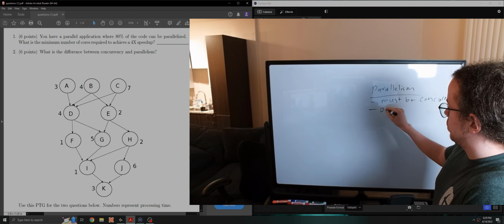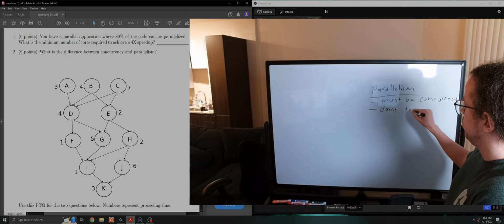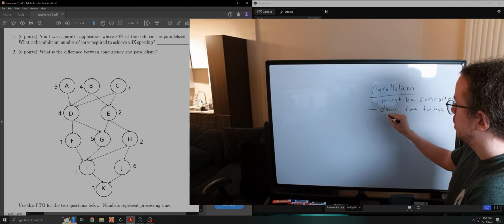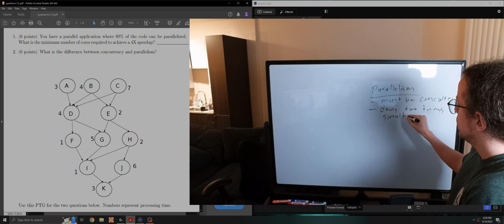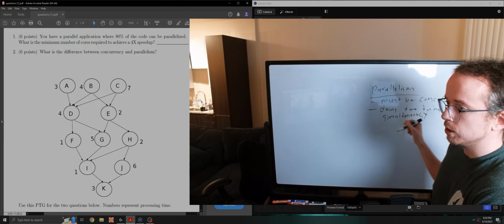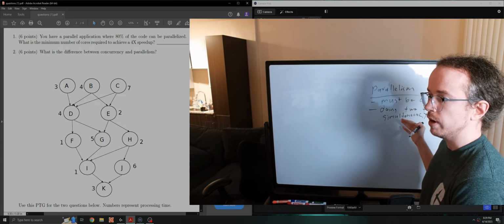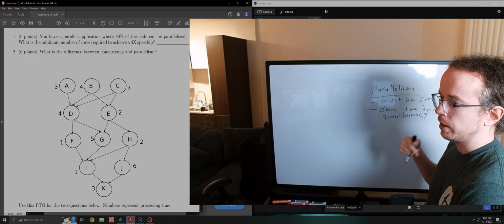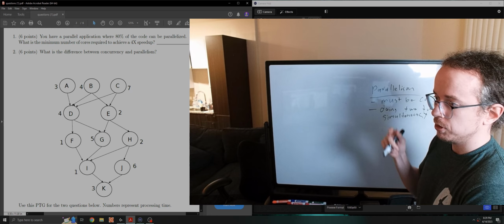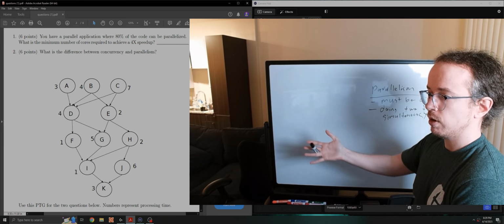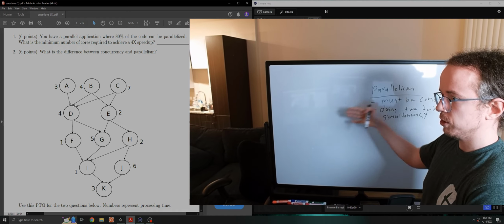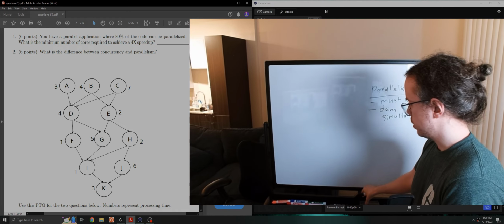The second is this is literally doing two things or more simultaneously. And if you have the property of parallelism, you're assuming this is correct. You're assuming you do these things at the same time and the outcome is the same. Much like concurrency, where you can stop what you're doing, pick it back up, and still get the right result. With parallelism, you can do things simultaneously and still get the same result.